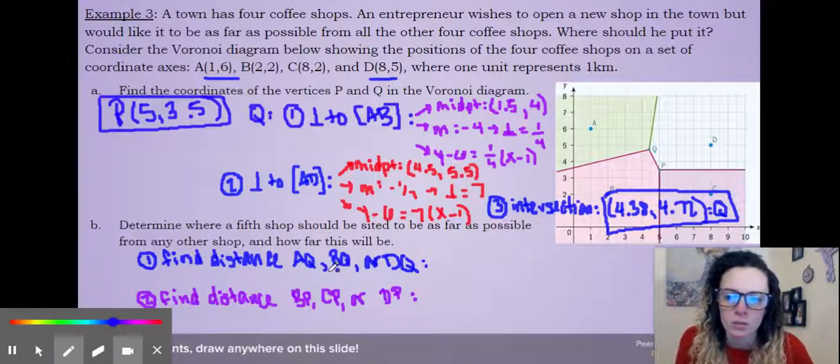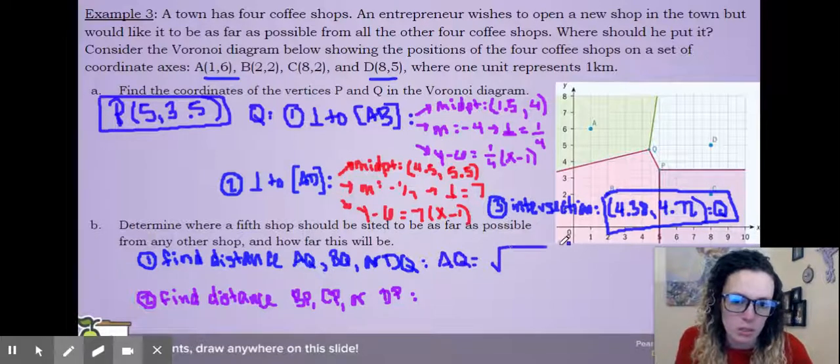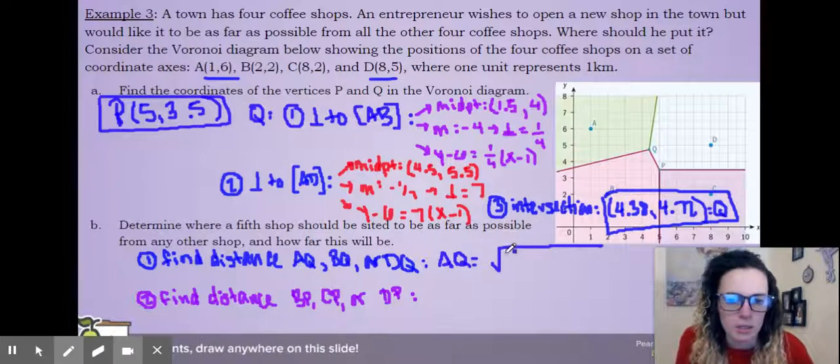All right, so let's find, for the first one, I'm going to find A to Q, just because alphabetical. But again, it doesn't matter which one you use. So using our distance formula, again, given to you in the formula booklet, I can take the x's from A and Q and subtract them.